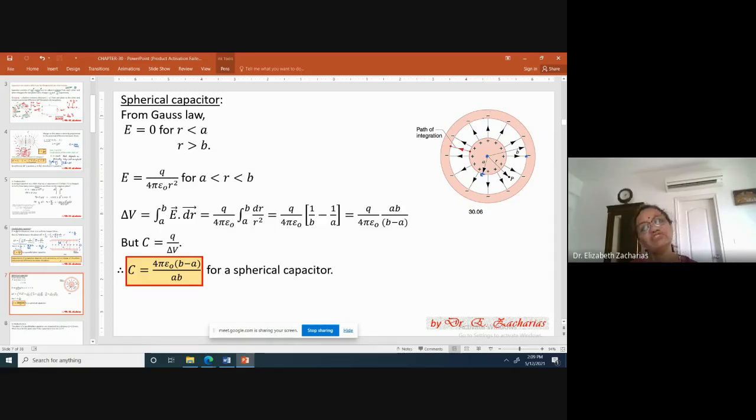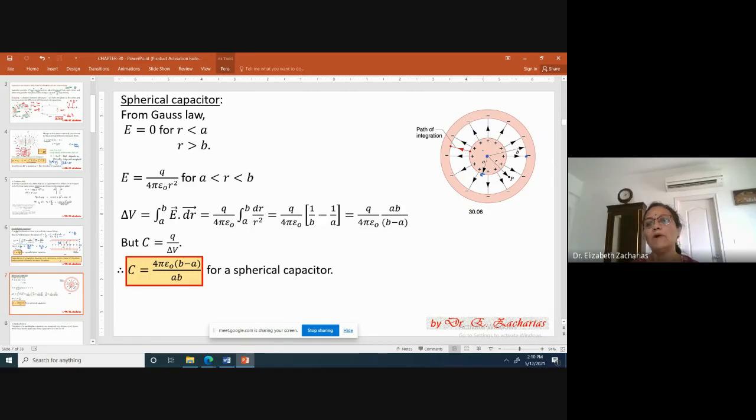Now let us say you have charged it. When you charge it, what will happen? Let the inner plate be positive and the outer plate negative. Like in the previous case, all the excess electrons will come and sit on the inner surface, and all the positive charges sit at the outer surface of the inner sphere.